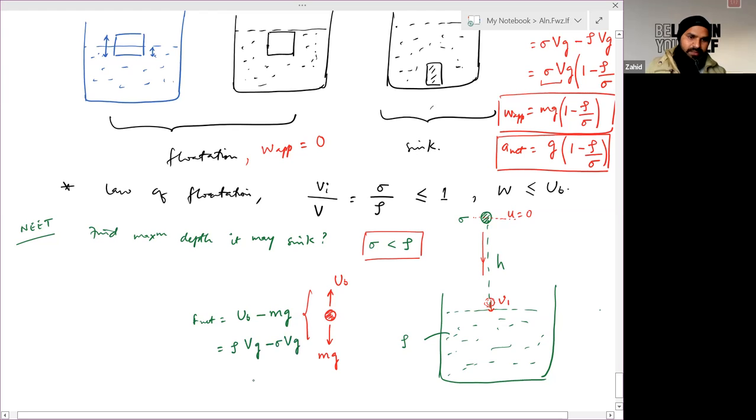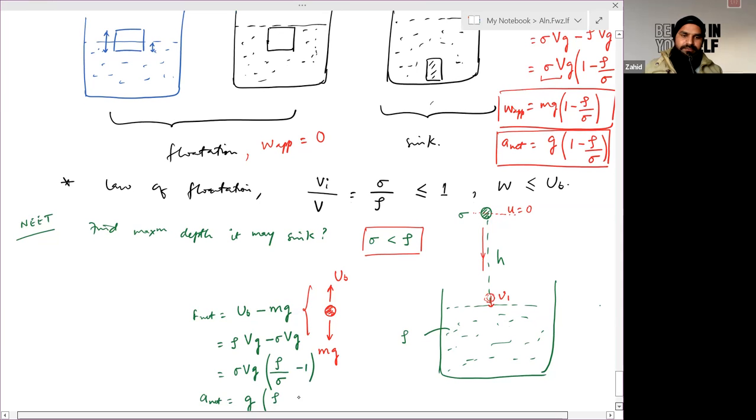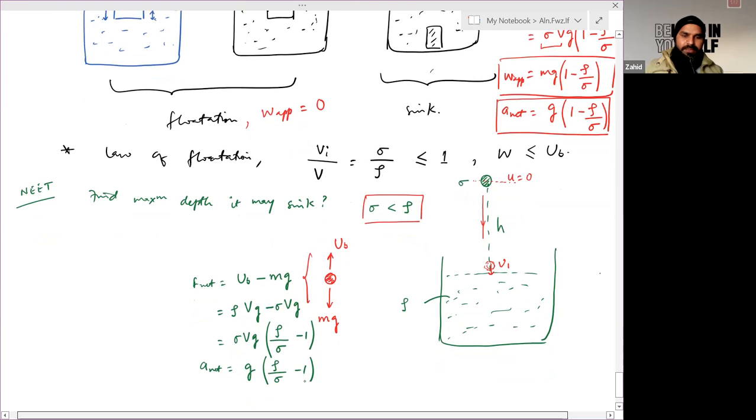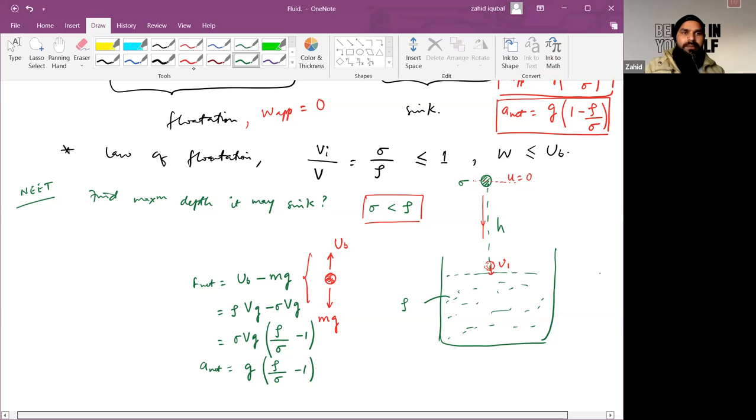Take out sigma Vg to be common, so you're left with rho by sigma minus 1. This will be nothing but mass times gravity. So if we divide this term by m, you'll get net acceleration equals gravity times rho by sigma minus 1. It means this body will experience this amount of retardation in this viscous medium.